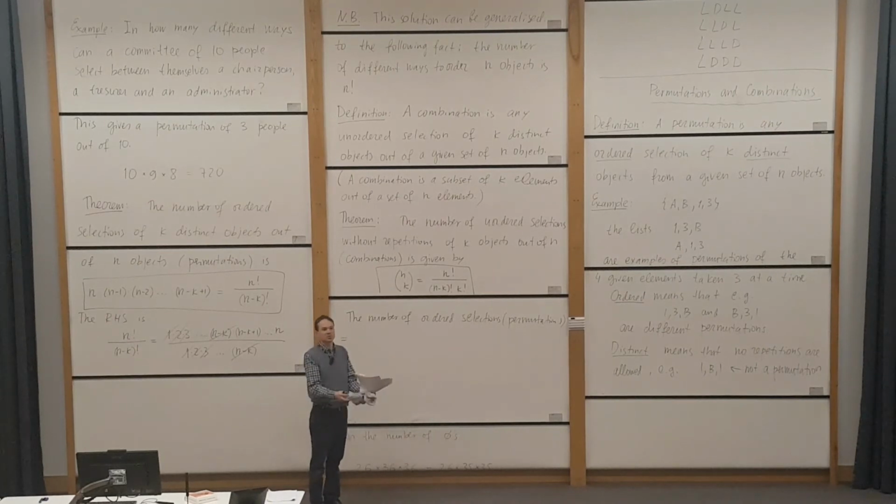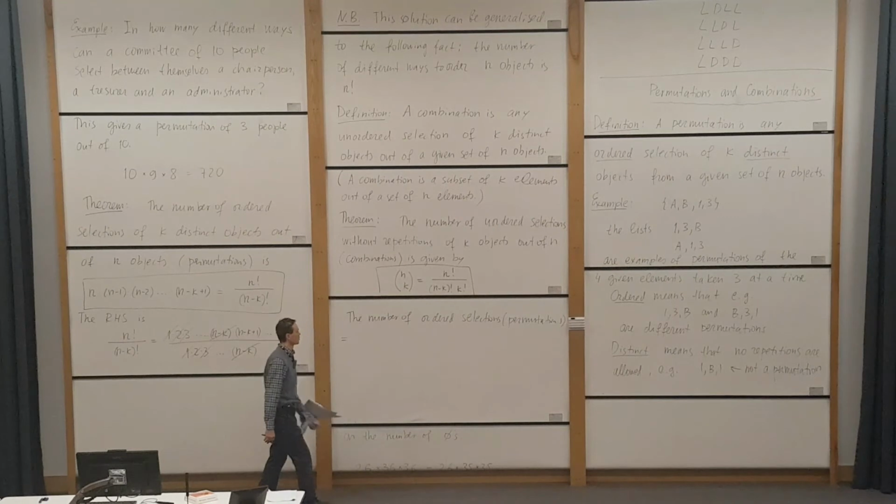You have some choices for selecting objects and separately choices for ordering them. When I multiply them through, I have all ways to select ordered objects.